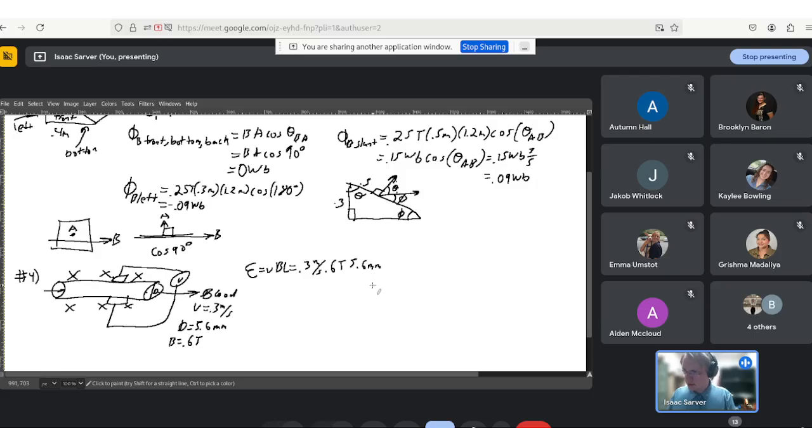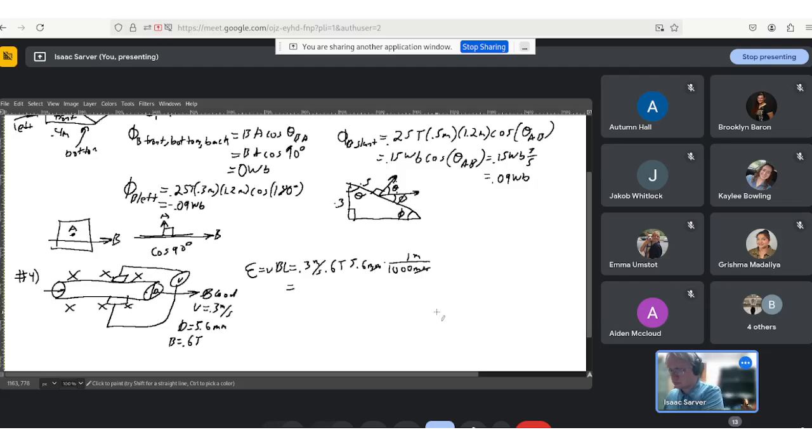To get this out in sensible units of volts, I need this to be in meters. So that'll be 1,000 millimeters per meter. Millimeters cancels meters, and I've got Tesla meter squared per second. That sounds like Weber per second.